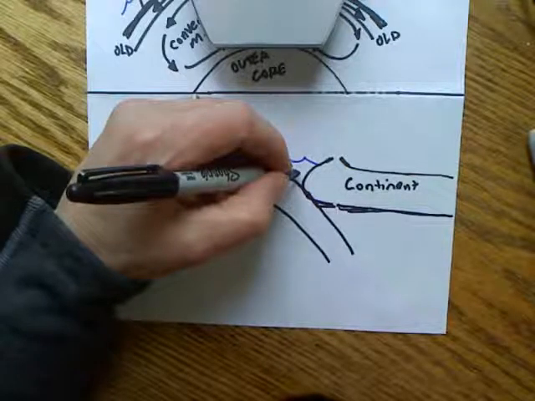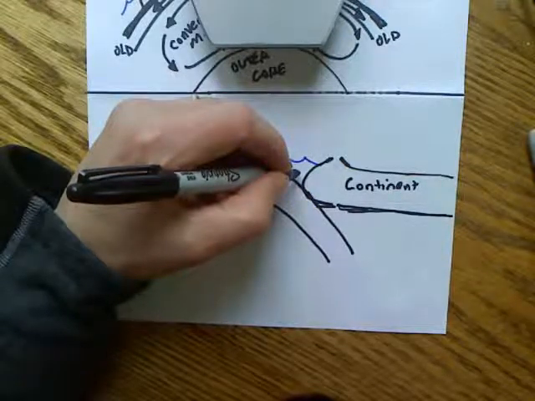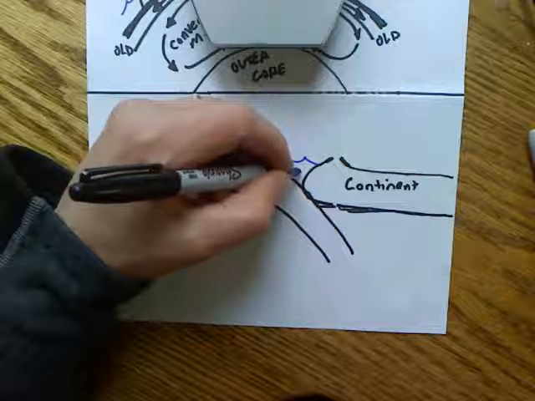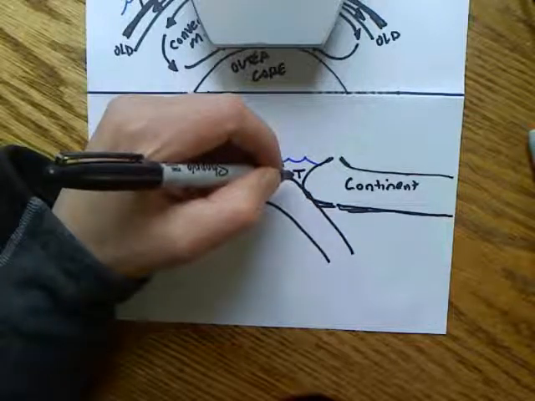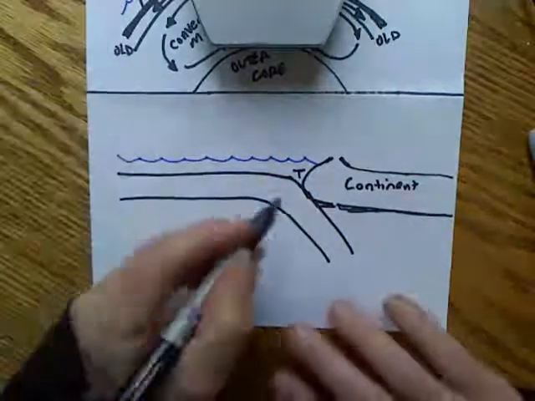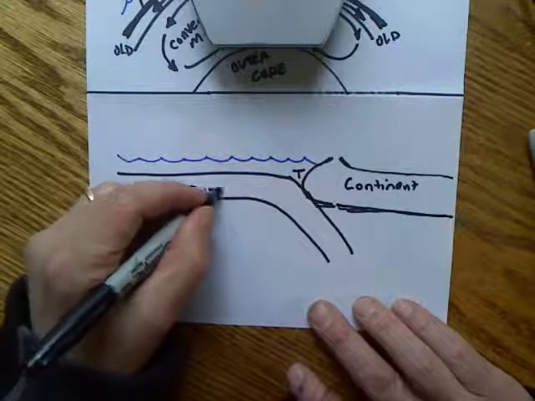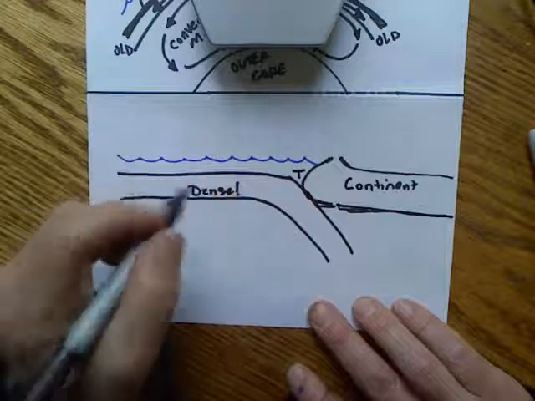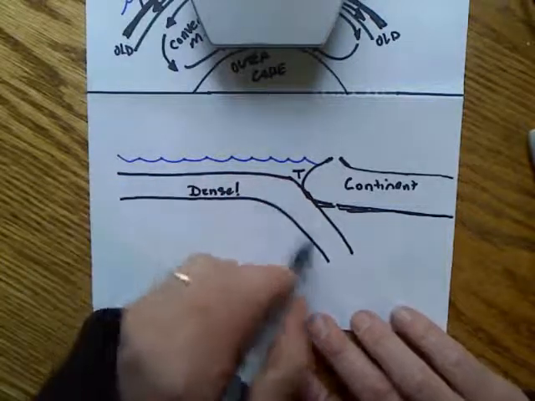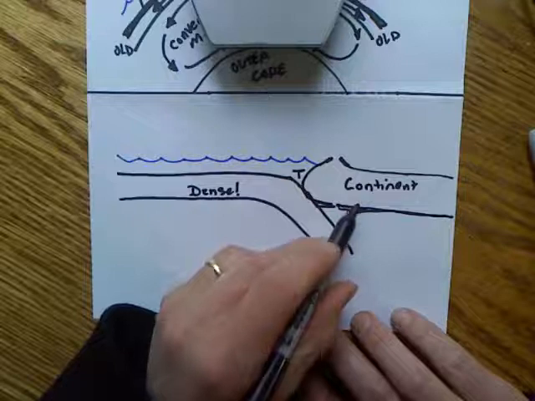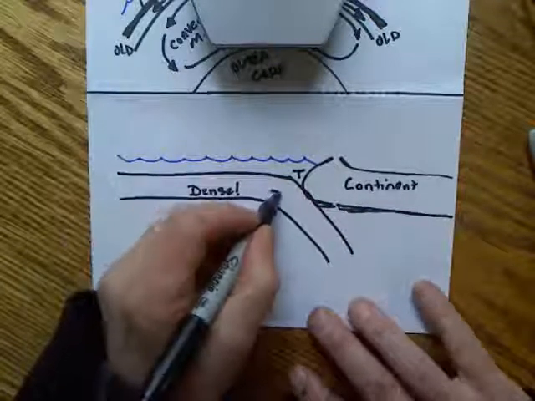That is a trench, a deep sea trench. Now, this is a very dense plate, so we're going to label this dense to remind us of that. The seafloor is very dense. Ocean crust is more dense than continental.